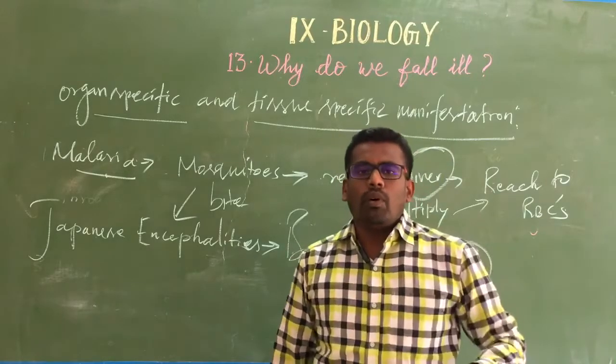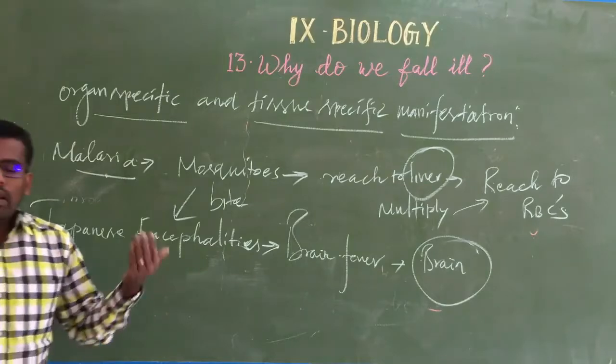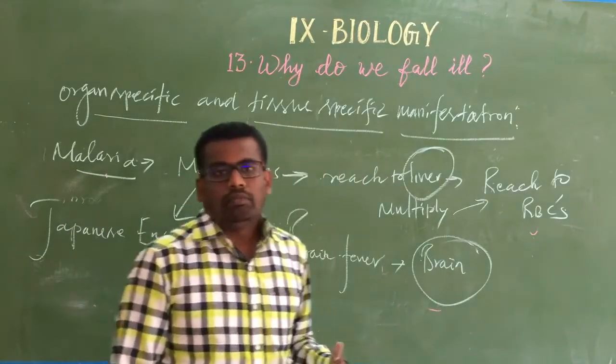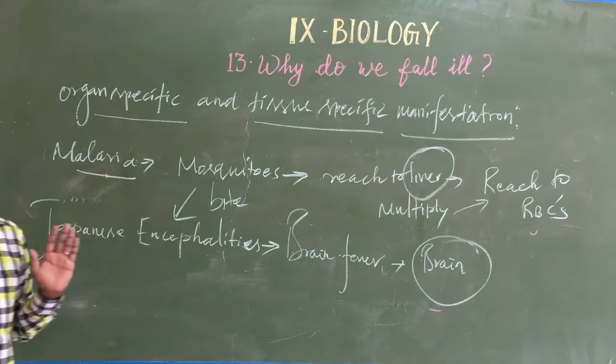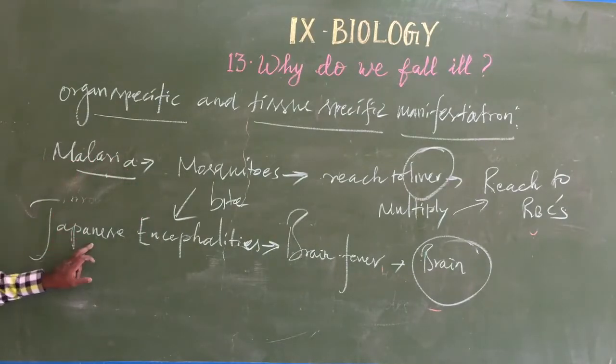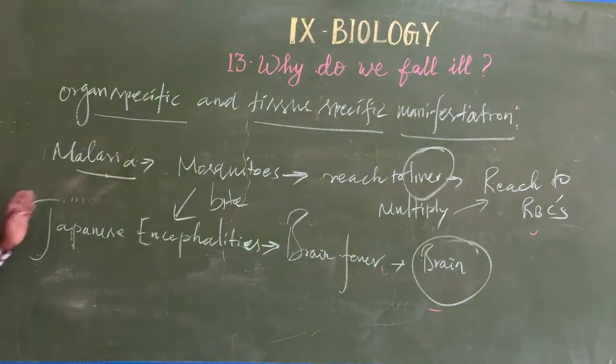If it reaches the lungs it causes TB. If it reaches the alimentary canal it causes typhoid. Or through mosquito bites, two diseases: one is malaria, another is Japanese encephalitis, which is a brain fever. So through these ways the microorganism enters.